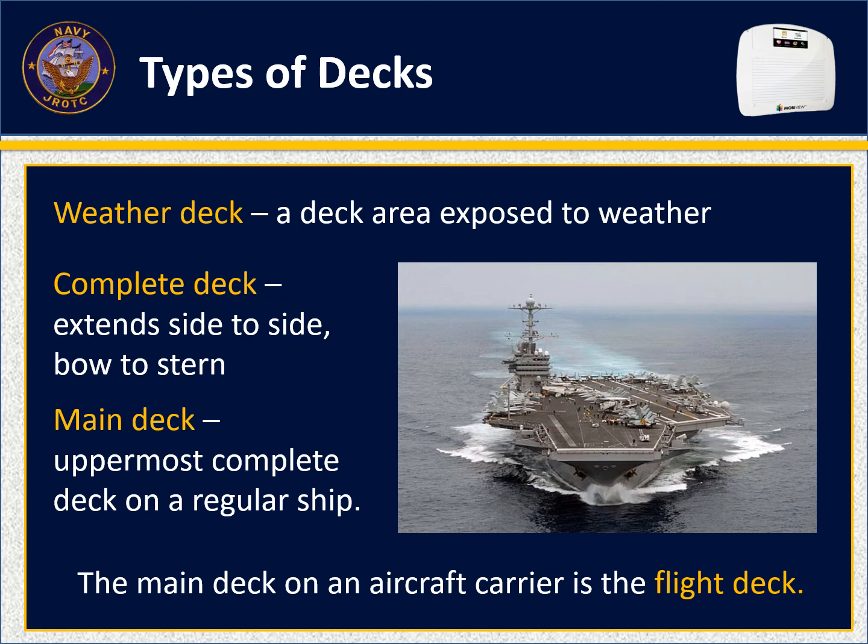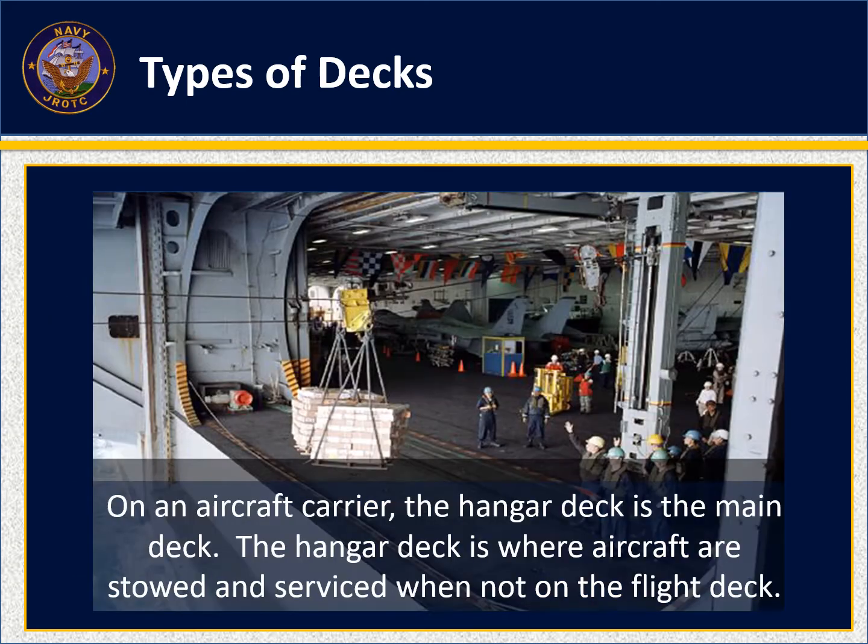The flight deck of an aircraft carrier is actually the O4 level. It's 4 decks or 4 levels above the main deck. In this view, you are actually looking into the main deck, the hangar bay or the hangar deck of one of our aircraft carriers.